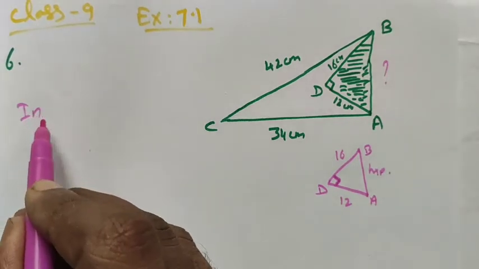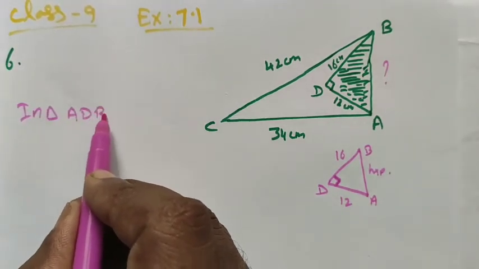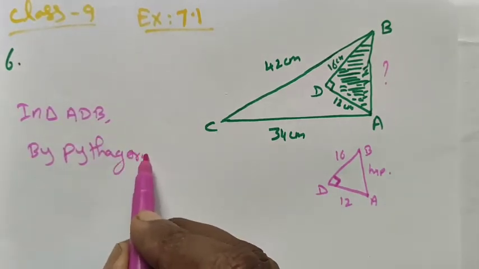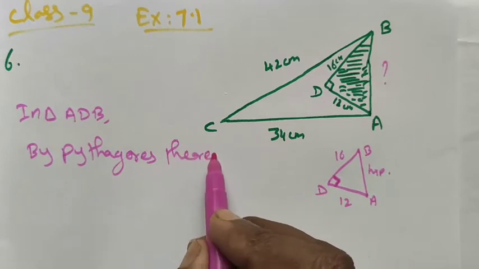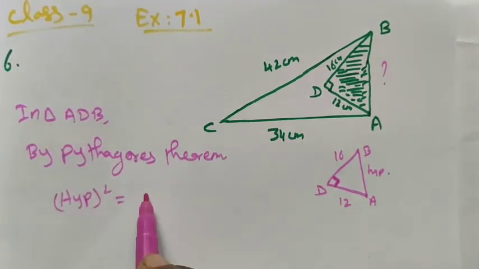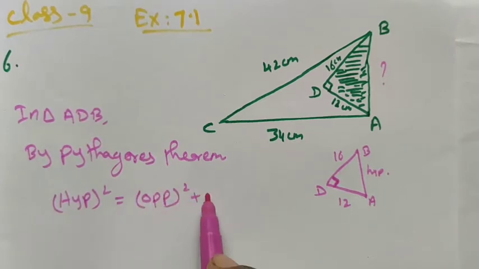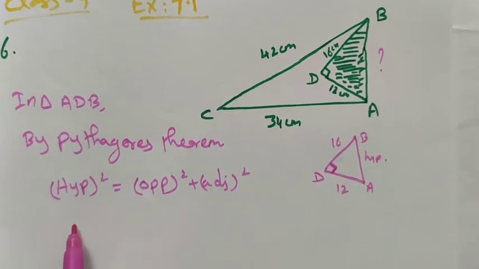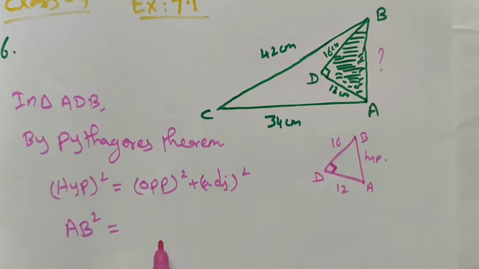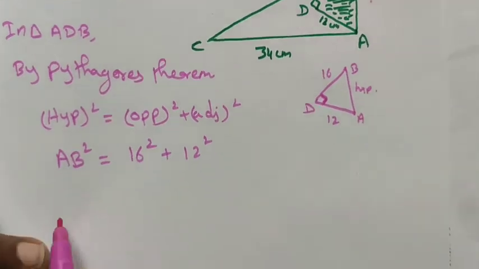So in triangle ADB, by Pythagoras theorem, hypotenuse side square is equal to opposite side square plus adjacent side square. The hypotenuse side is AB square, and the other sides are 16 square plus 12 square.